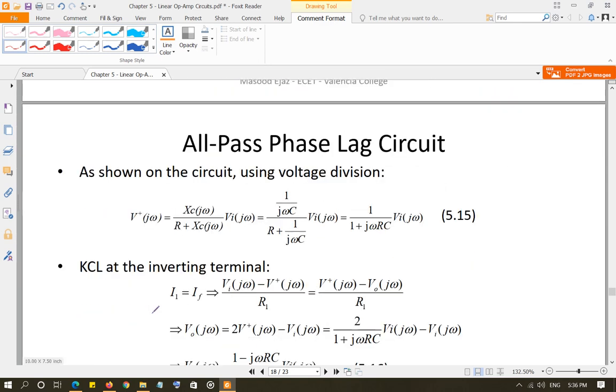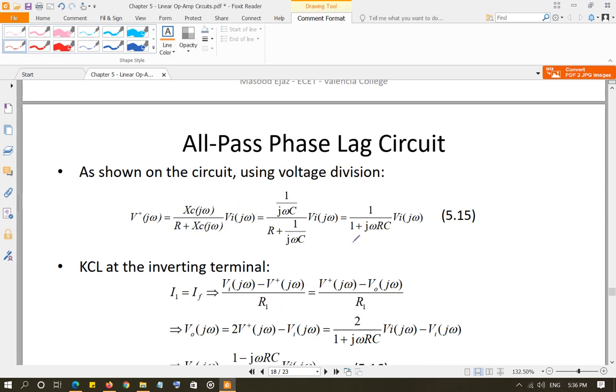V input minus V positive over R1 is equal to V positive minus V output over R1. R1 cancels out, and then you write down V output is equal to 2 V positive of j omega minus V input, and we plug in V positive of j omega from the non-inverting input, which was Xc over R plus Xc times V input.